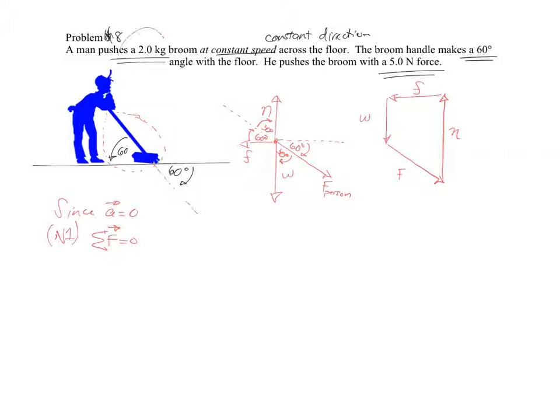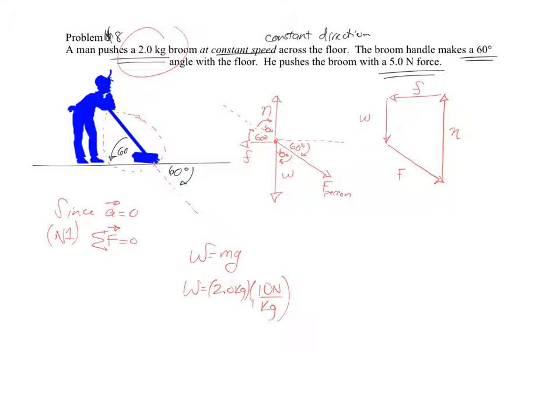And maybe I'll use the mass now to find the weight of the object. So the weight of the object is going to be mg. So the weight is going to be the mass of my system, which is 2.0 kilograms times 10 newtons per 1 kilogram.